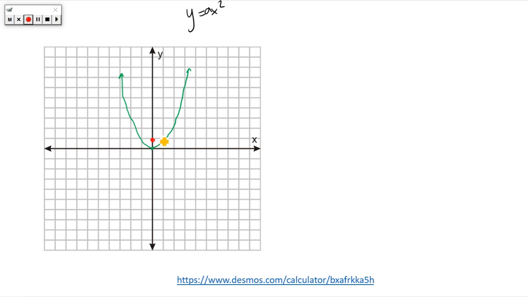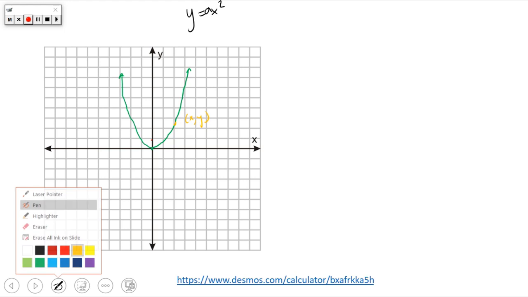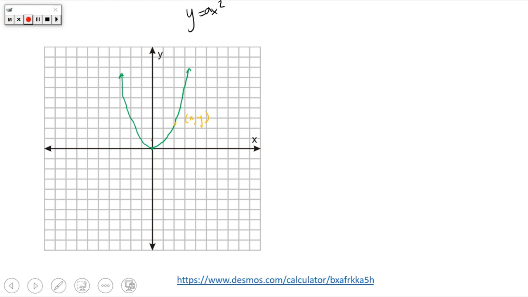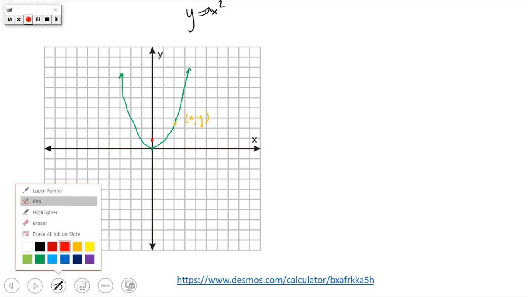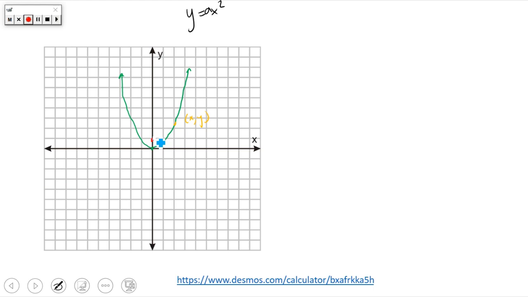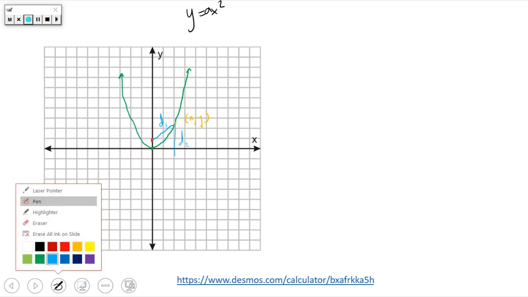Basically, the property is this: if you have a point x, y, why did that one go away? Hold on. If you have a point x, y on the parabola, any point x, y on that parabola, the distance from this focus to that point, we call that d1, is exactly equal to another distance to some other thing called the directrix.